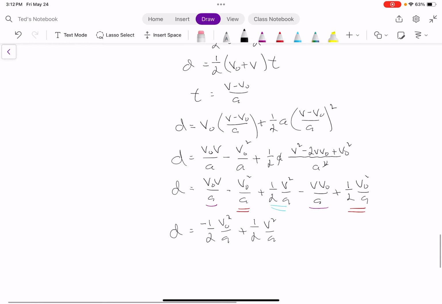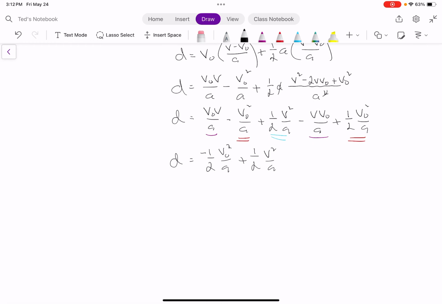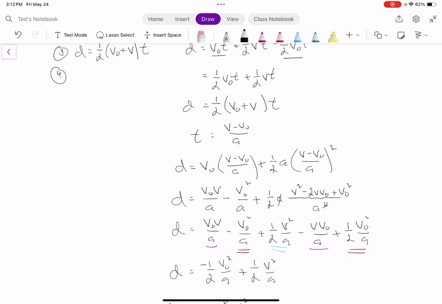And now I'm just going to multiply the entire equation by 2a. So 2ad is equal to v squared minus v0 squared. And this gives us our fourth equation, that v squared is equal to v0 squared plus 2ad.